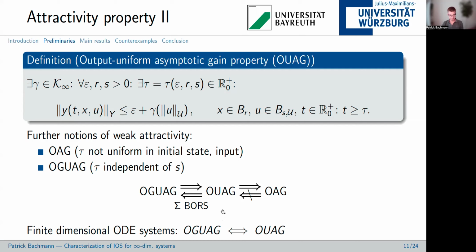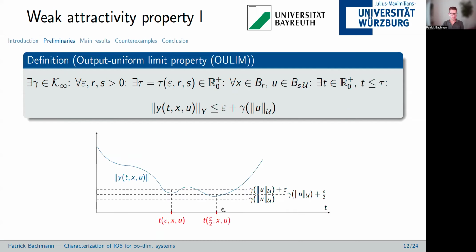Okay. Now the next property is weak attractivity.